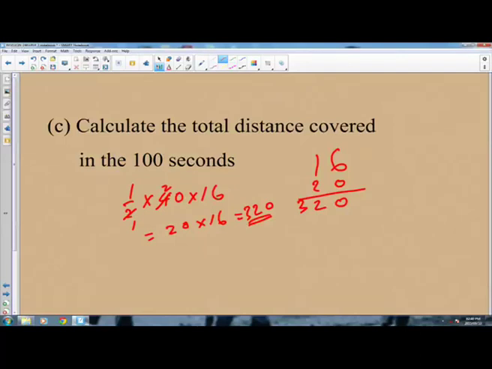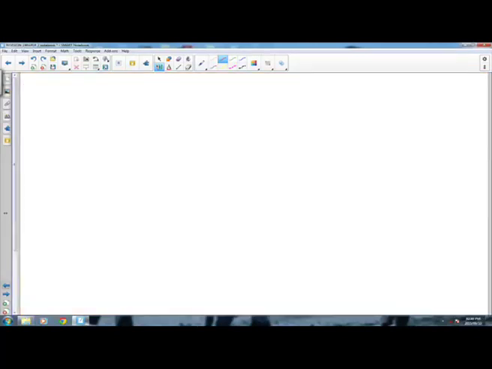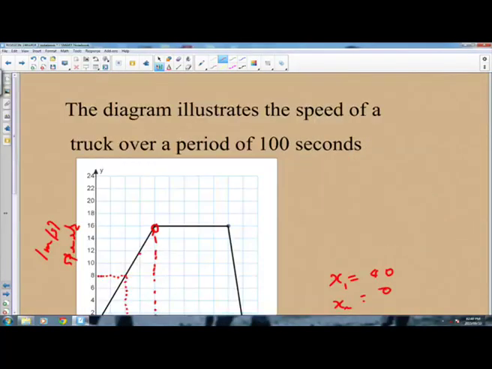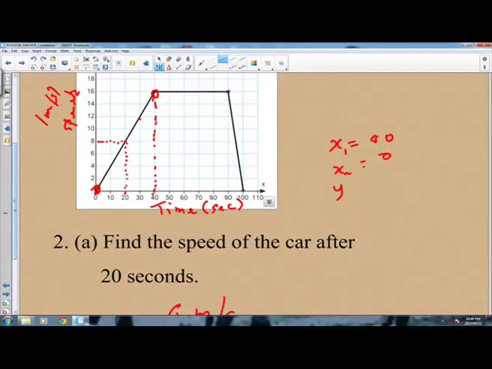And then we have to go on and find the area for the rectangle within the same graph. We managed to find the area of the first triangle, which is 320. Then we can partition this up to here. So this is what we have. But this is from 40 to 90, meaning the width of this rectangle is 50, because from 40 to 90 is 50, times 16.